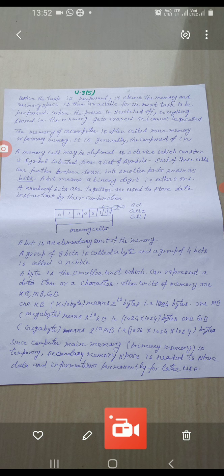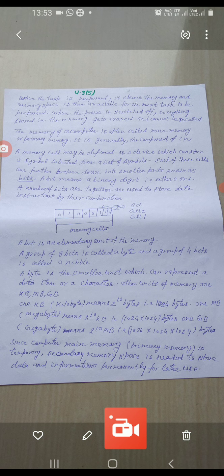A memory cell may be defined as a device which can store a symbol selected from a set of symbols, and each of these cells is further broken down into smaller parts, which are known as bits.